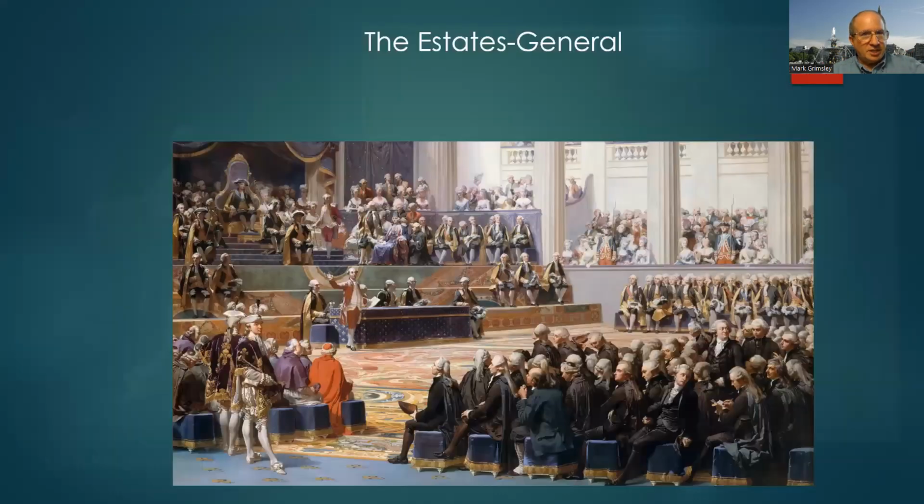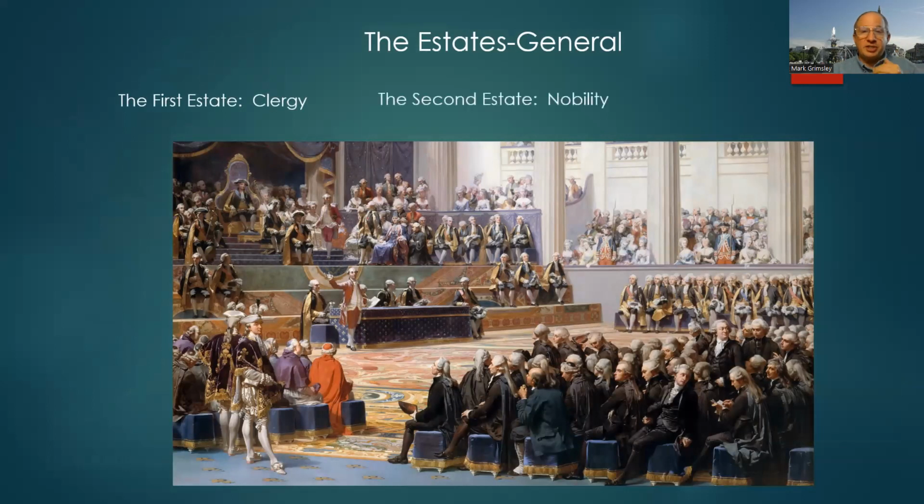Now, this Estates General reflected a kind of medieval shorthand way to describe society as being composed first of the first estate, those who pray, the clergy, then the second estate, the nobility, the aristocracy, and then finally the third estate, composed of the commoners, who actually were the majority and who did most of the work in France.